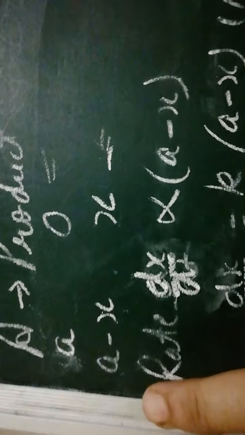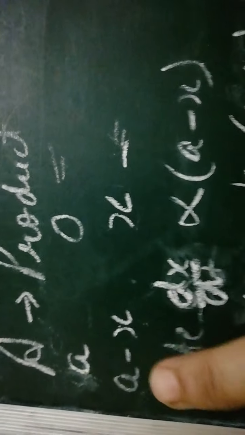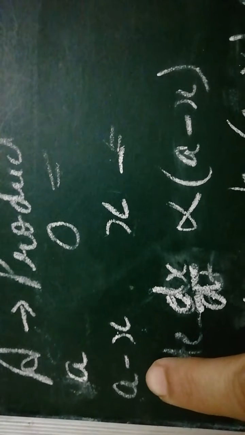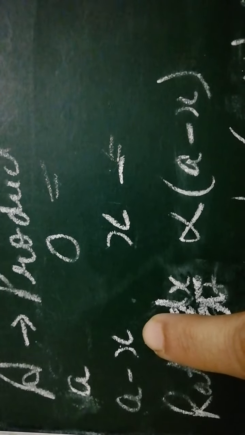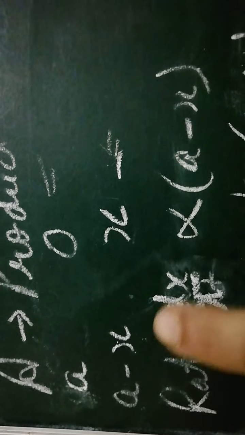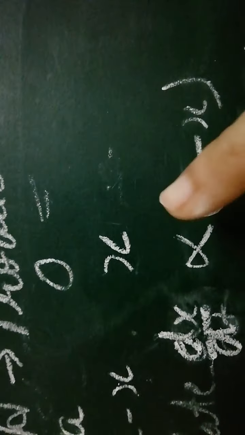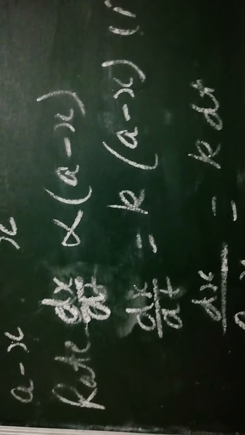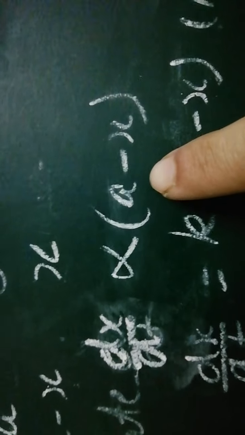So at this time, what is the concentration of reactant A? Initially we have taken A moles, out of which X moles have been decomposed. So the concentration of reactant left is A minus X, and the concentration of product which is formed is equal to X moles per liter. Now we will write our rate equation. We know that rate, dx upon dt, is directly proportional to the concentration of reactants.